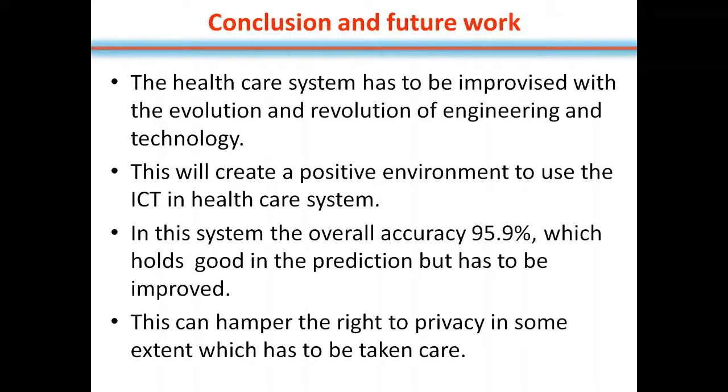In this system, the overall accuracy achieved is 95.9%. In future, this figure should be improved. And another thing, we have to make sure that this system does not violate the right to privacy of any person.